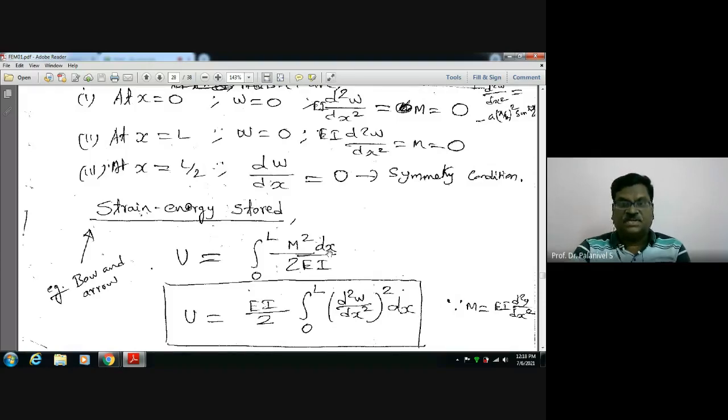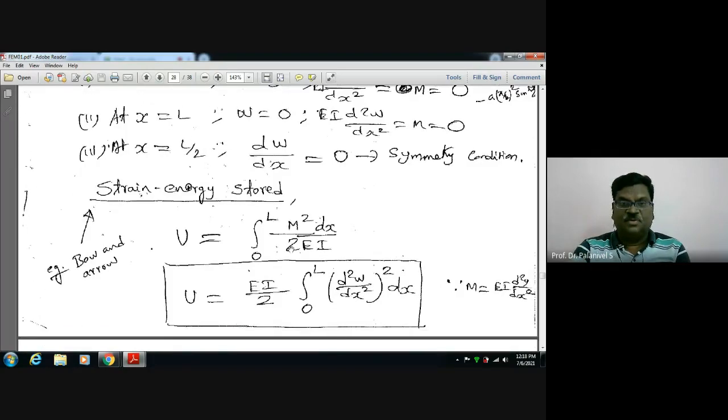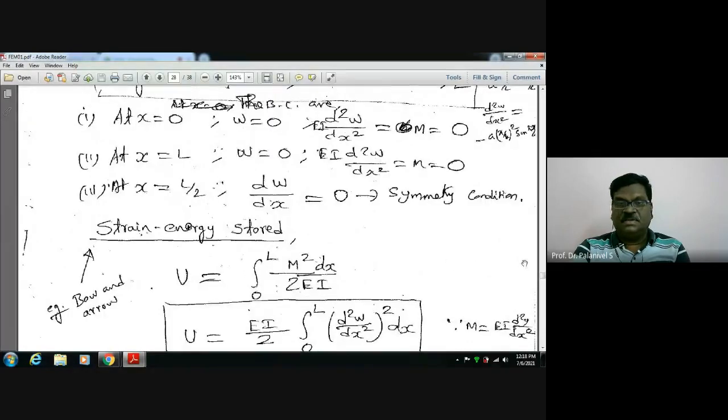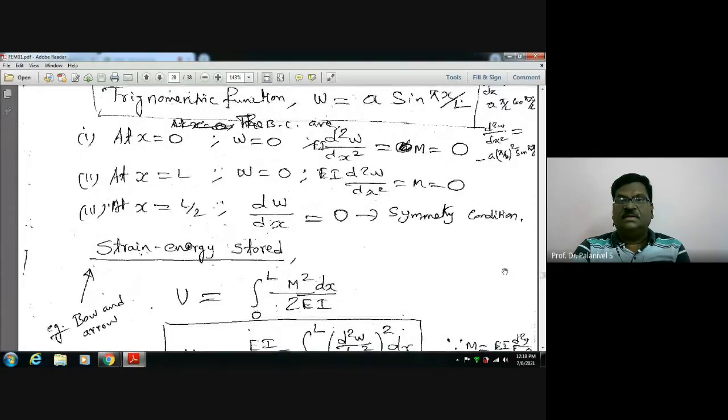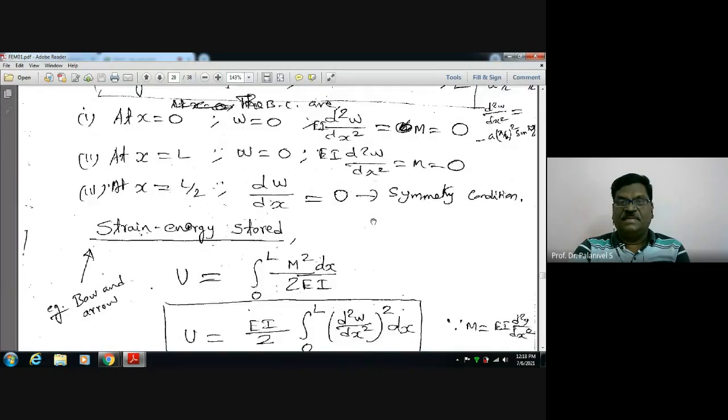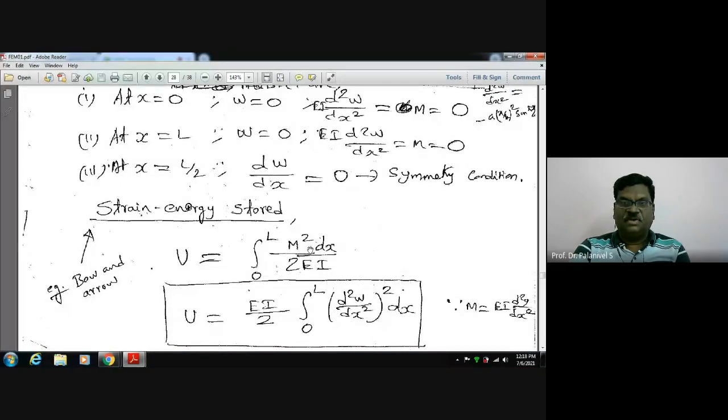Now you substitute the M square value. What is M? M equal to minus EI d square w by dx square, maybe with the negative sign, but since M square only you are going to substitute, the negative sign will go.